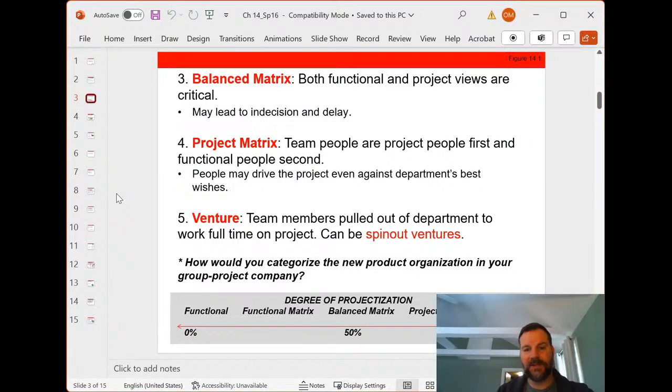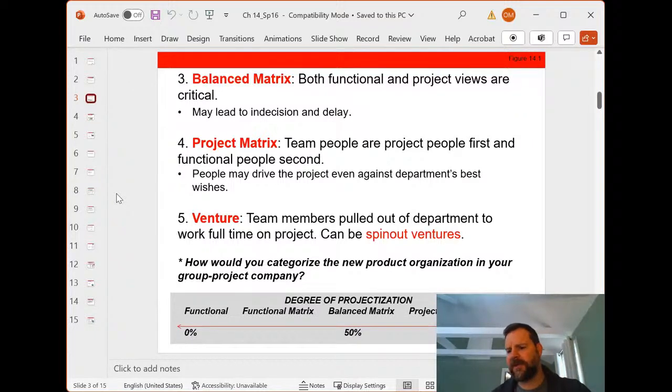And then a venture is where team members are actually pulled out of their everyday job and they're only working on whatever the new project is. They're totally getting a new job. So that's the most dramatic example in this projectization spectrum that you can see at the bottom here.